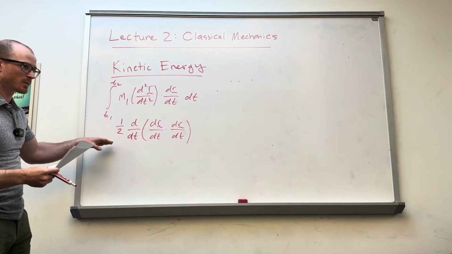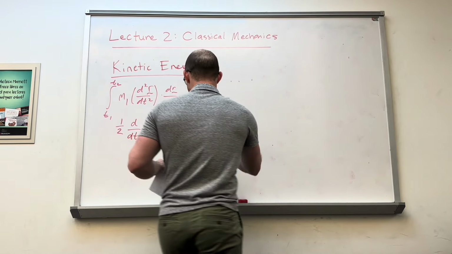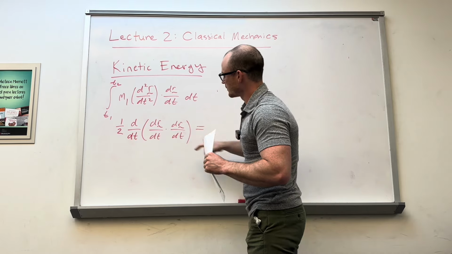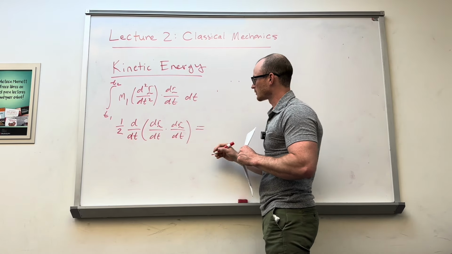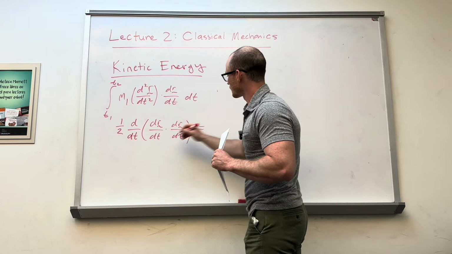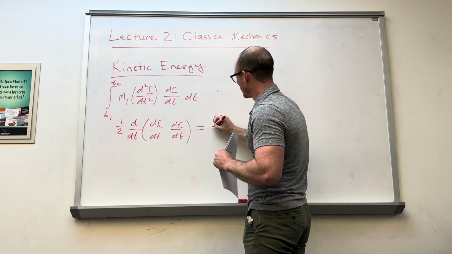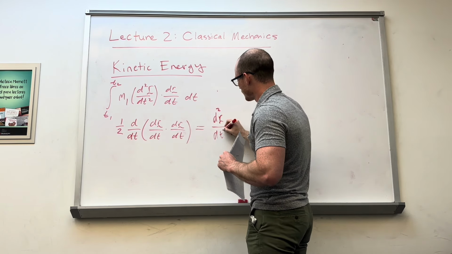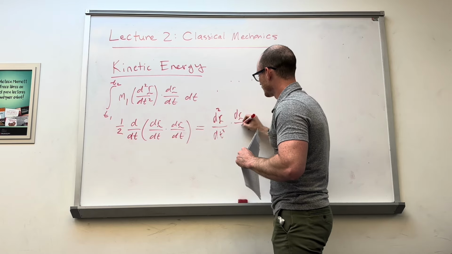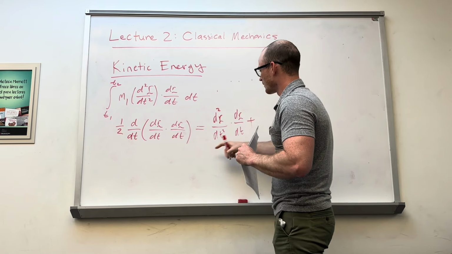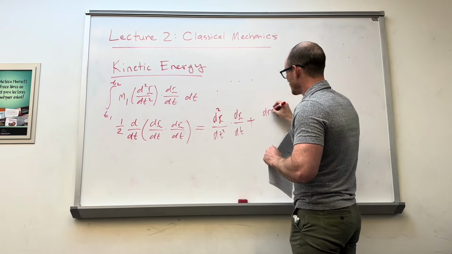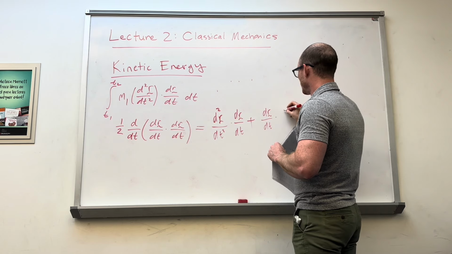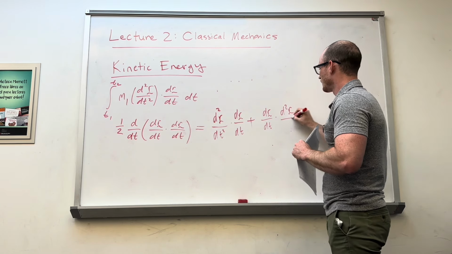I'm telling you this, but let's show it really quick and make sure that this makes sense. When we take this derivative, we're going to use the product rule. So our first derivative, we're going to end up with d squared r dt squared times dr/dt plus, from the product rule, dr/dt times d squared r dt squared.